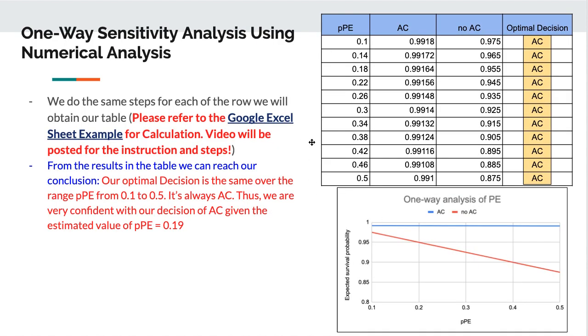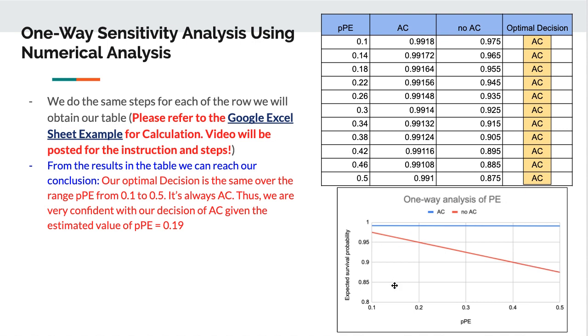All right, so if we do the same procedure for the other values of PPE within the range, we end up with the whole table as we show over here. We can also plot the values of the AC option, represented by the blue line, and the no AC option, represented by the red line.